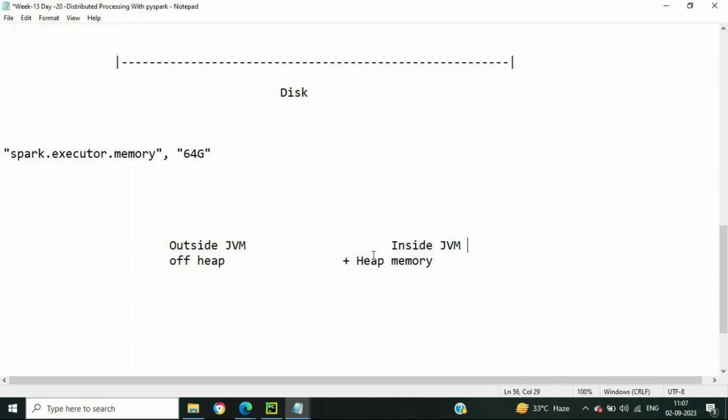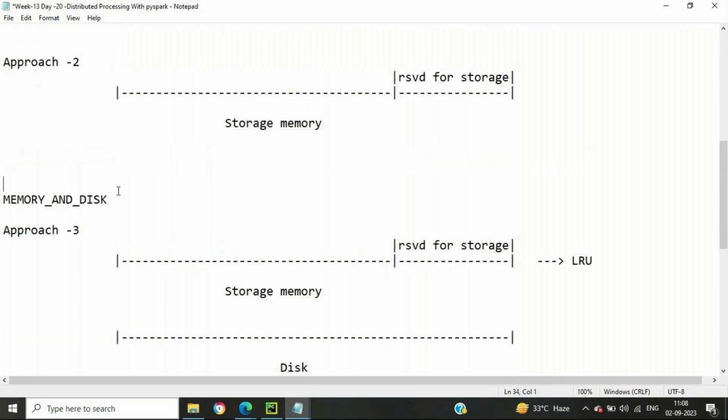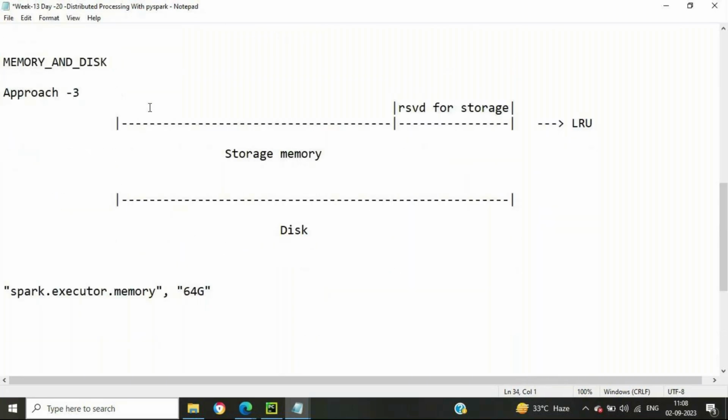So heap memory is inside the JVM, and this is a storage level as well. In order to persist a particular data frame or RDD, we go through certain storage levels, like memory and disk 2, disk only 2, disk only 3.